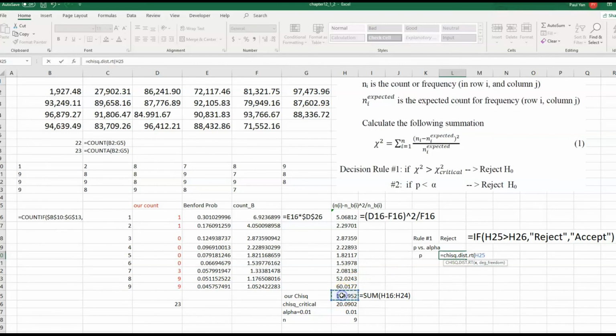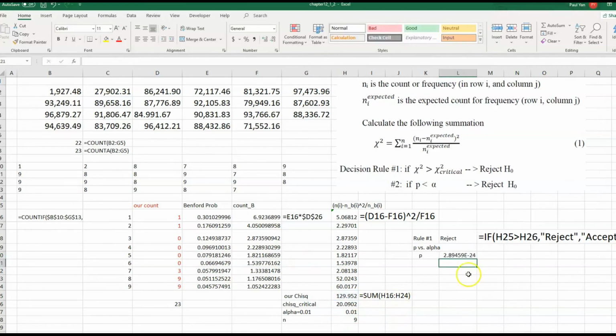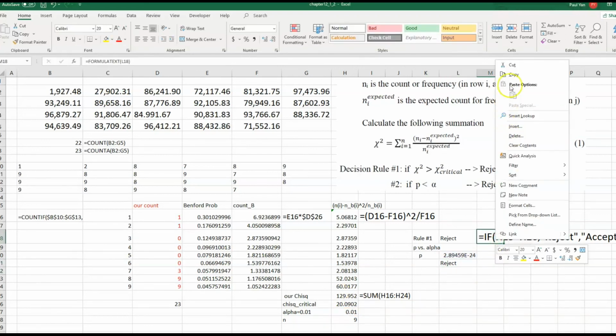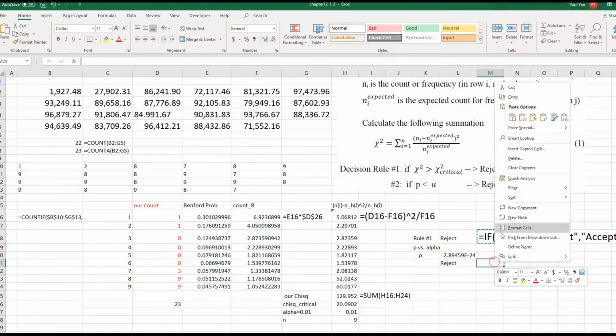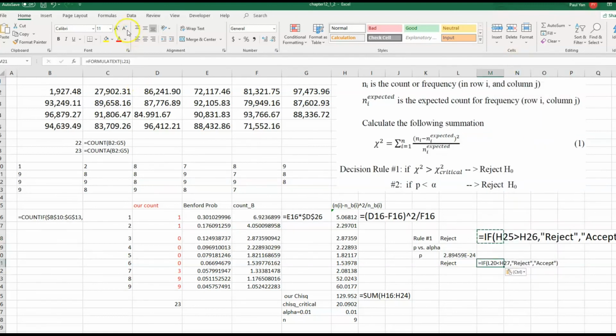We enter our chi value, then we enter the degrees of freedom, 9 minus 1. So our P value is very close to 0. Then this is our decision rule: if our P value is less than alpha, we reject, otherwise we accept. We have the same result.